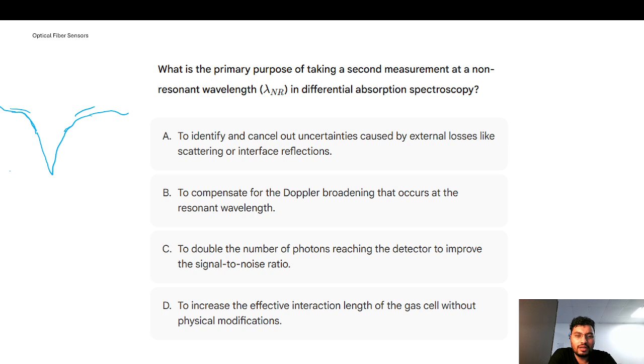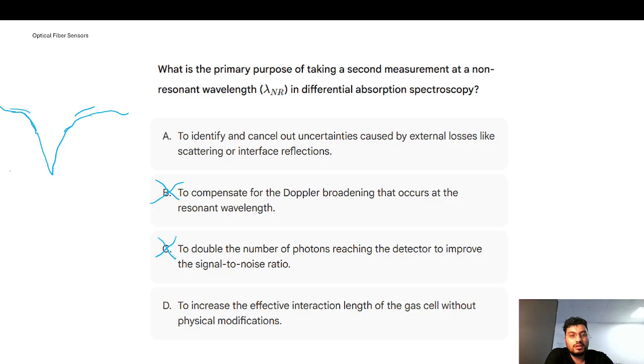First option, to identify and cancel out uncertainty because of external losses like scattering and interference reflection. Second is to compensate for the Doppler broadening that occurs at the resonant wavelength. That is not correct, which is not even relevant with the non-resonant wavelengths. Third option is to double the number of photons reaching the detector to improve the signal to noise ratio. It can't do anything. We need to use some kind of op-amp or the detector, which is APD, avalanche photodiode.